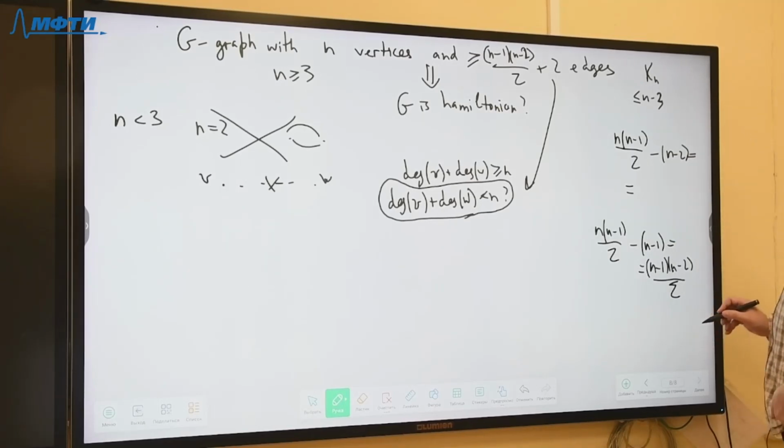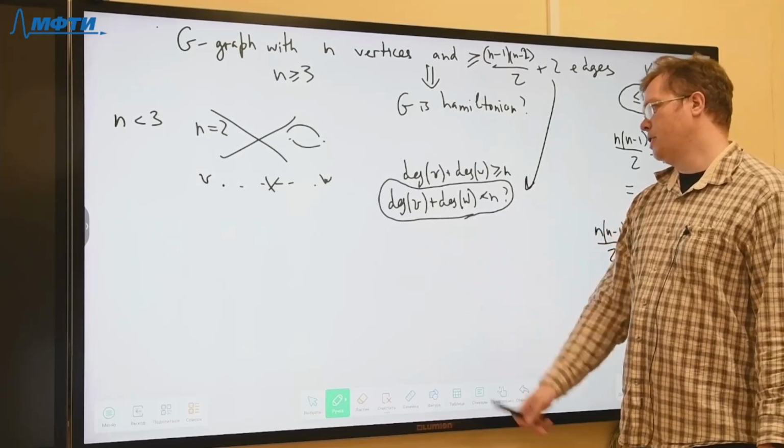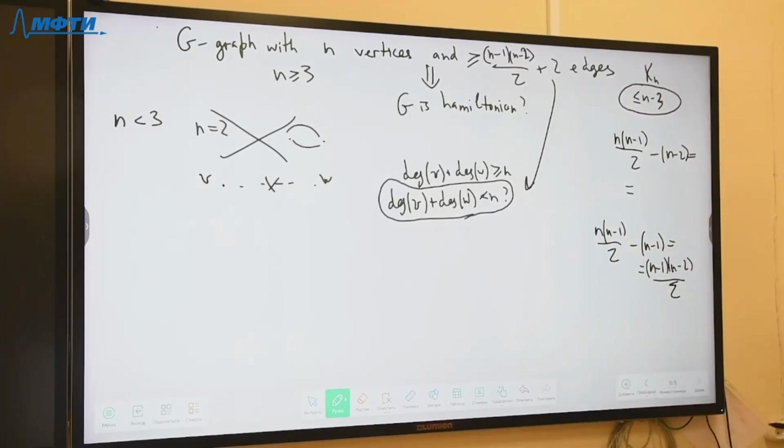So we need to cut off not more than n minus 3 edges from Kn to obtain graph with these edges. So can we delete not greater than n minus 3 edges to obtain two vertices which sum of degrees will be less than n?